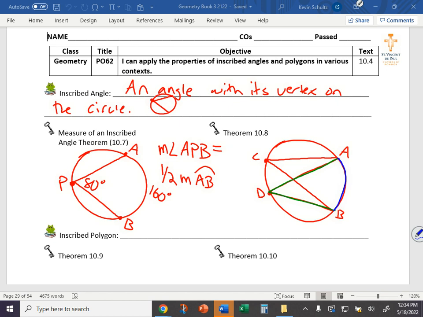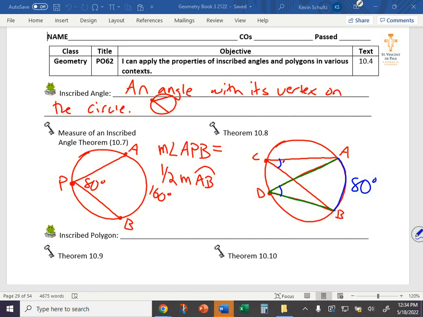So what do you think is the relationship, or what can we conclude about angles ACB and ADB? They are congruent. Two inscribed angles that create the same arc are congruent angles. Right? Which makes sense, because if I told you that the measure of arc AB was 80 degrees, then asked you for the measure of each of those individual angles, what would they both be? 40, right?